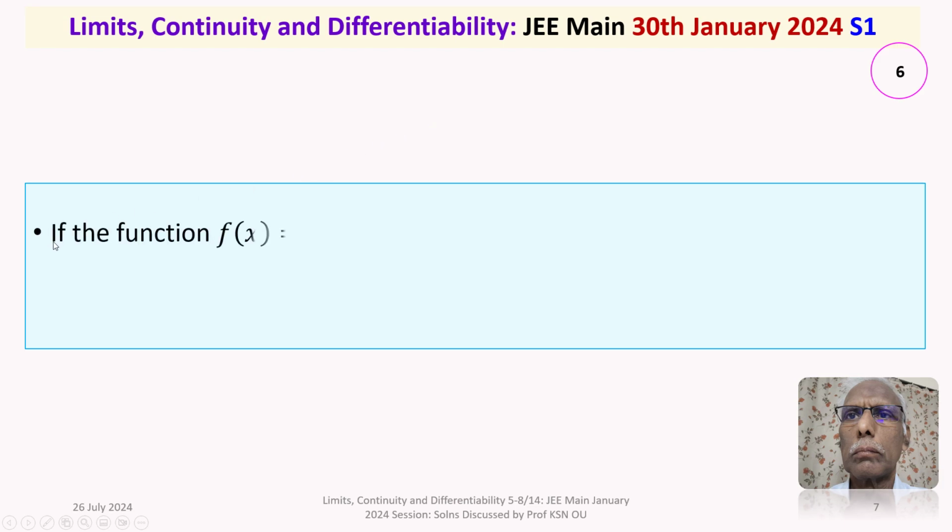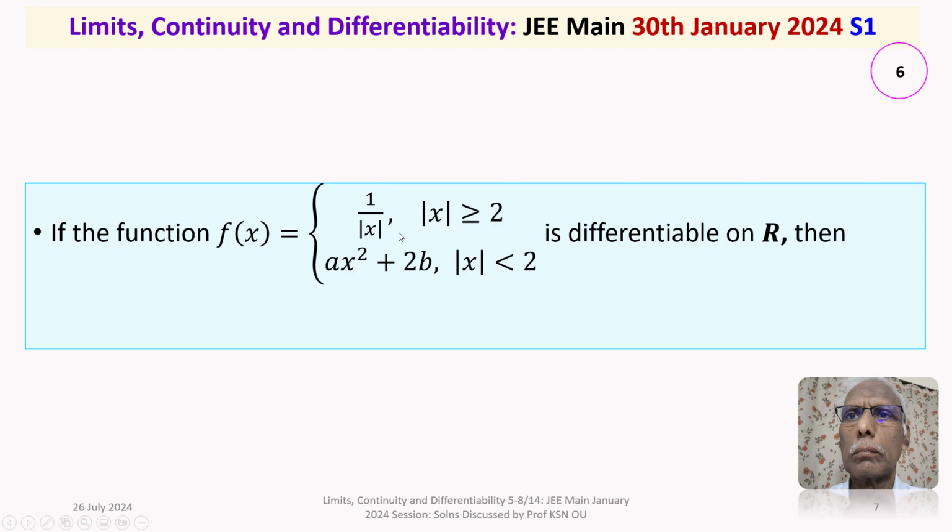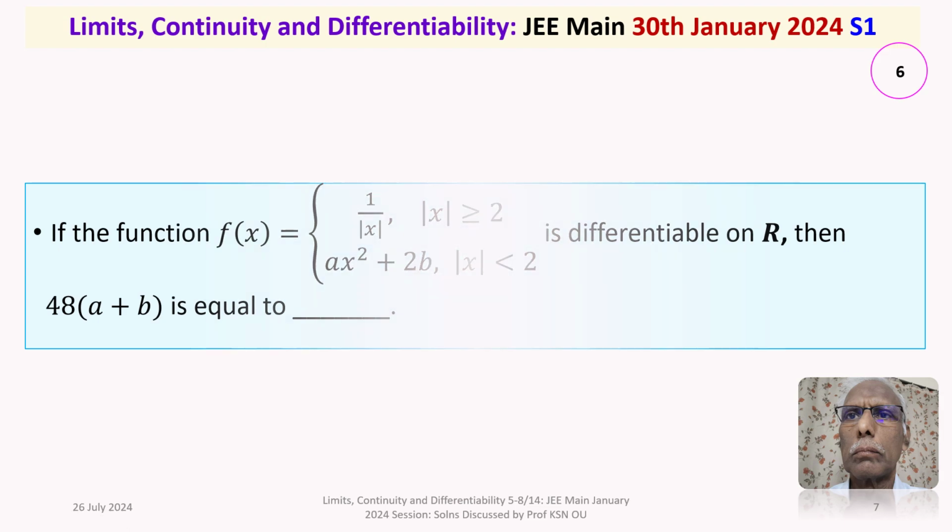The given question is, if the function f of x is equal to 1 by mod x, when mod x greater than or equal to 2, and when mod x less than 2, f of x is given to be ax square plus 2b, and it is given f of x is differentiable on the whole of the real number line, then required to find the value of 48 times a plus b. Let's now discuss the solution of the problem in detail.